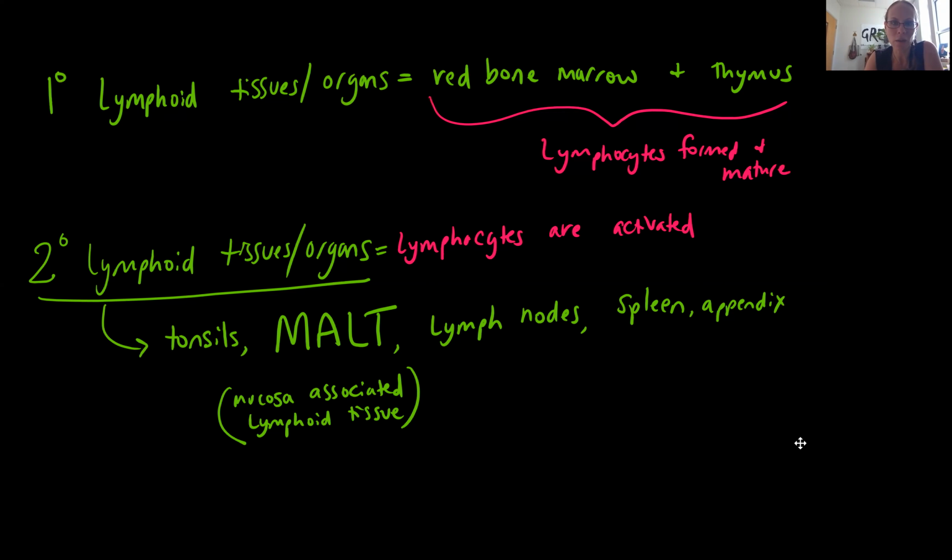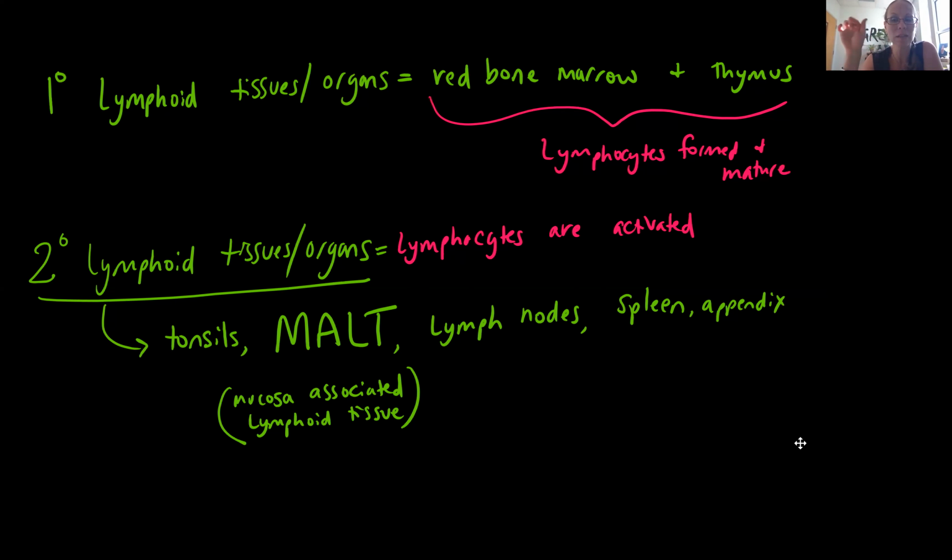Mucosa is basically that innermost epithelial lining of, well, everything. So we're going to see it lining the respiratory tract, digestive tract, urinary tract, reproductive tract, any orifice or passageway that has entry from the external environment into the body is lined with mucosa. And so then embedded in with that, you have the mucosa-associated lymphoid tissue.